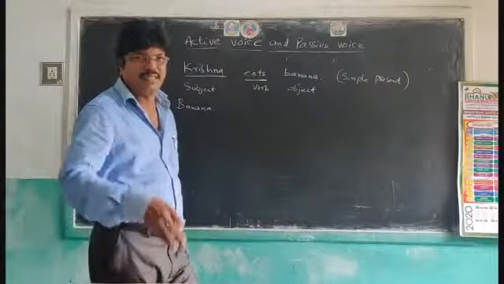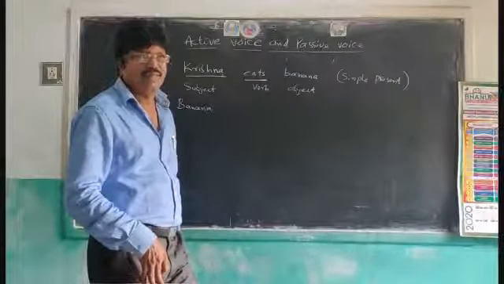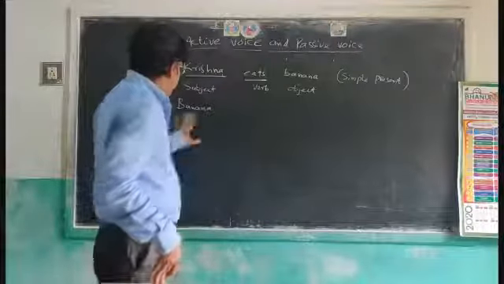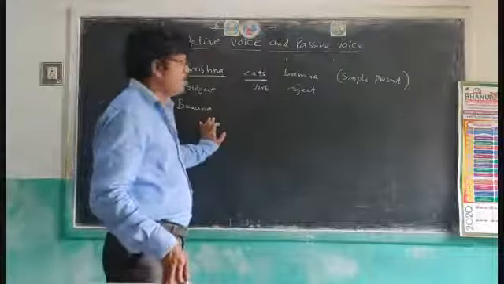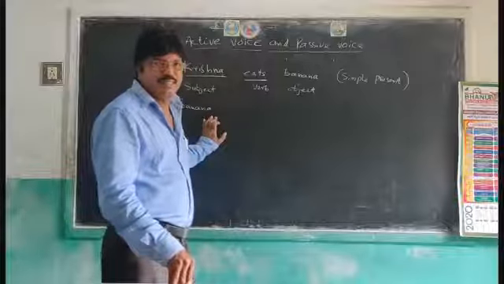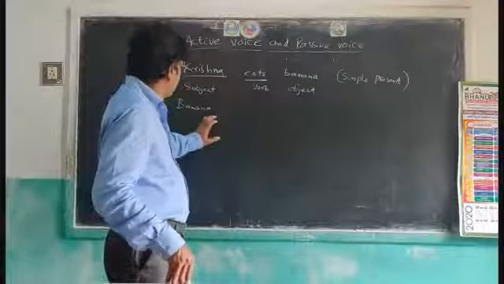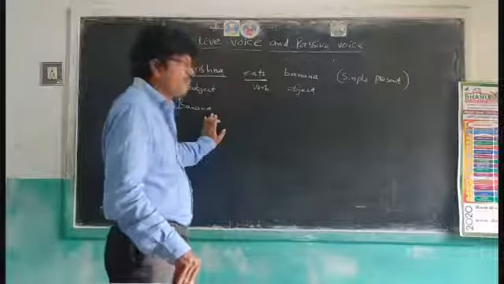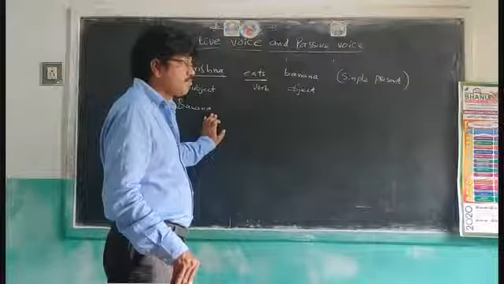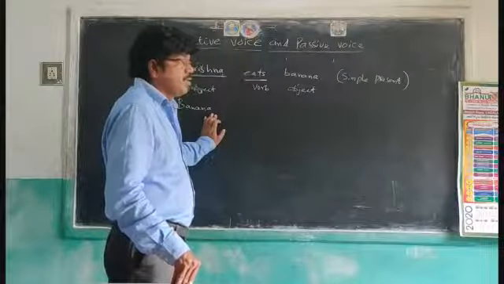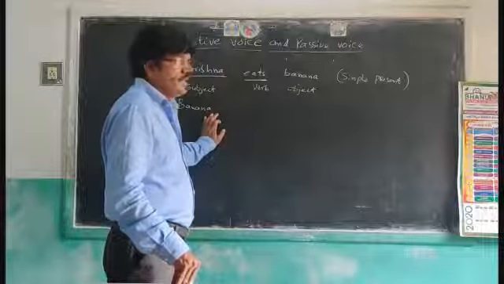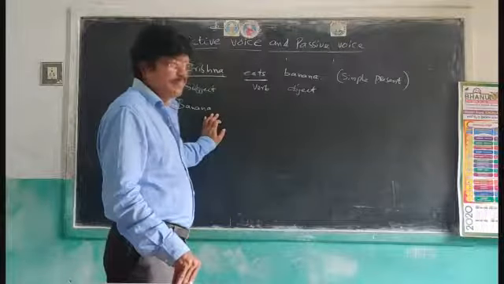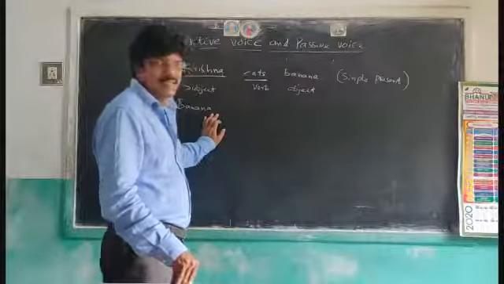I gave it to you in a table. In simple present tense, banana is singular, so we use the be form. In singular, we use banana is. What is the past tense of is?